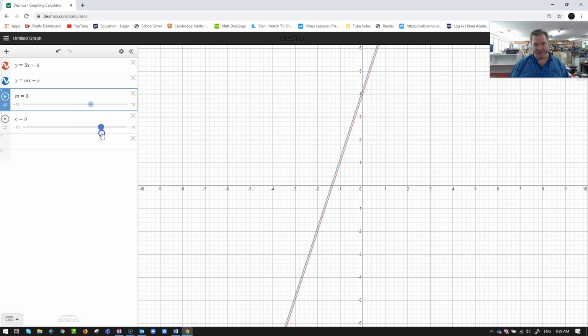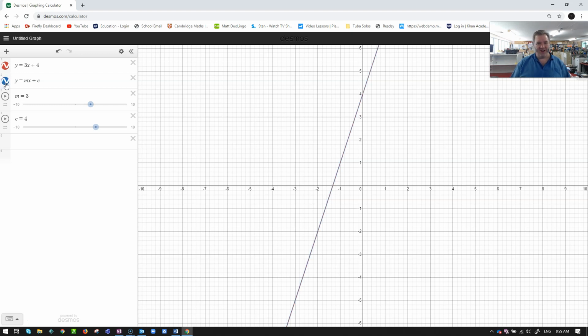But what happens if somewhere that blue line is crossing that red line? When's that going to happen? Yes, when their intercepts are equal to each other. Now, my mouse control isn't great, but there you go. When I've got the same equation, y equals 3x plus 4, you can see that, in fact, every point on the red line matches up with a point on the blue line.